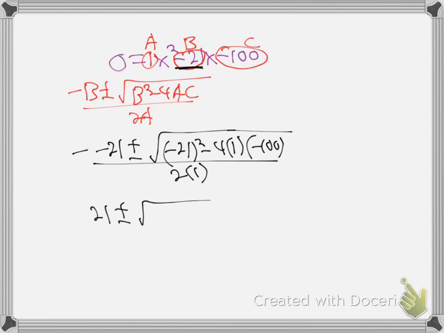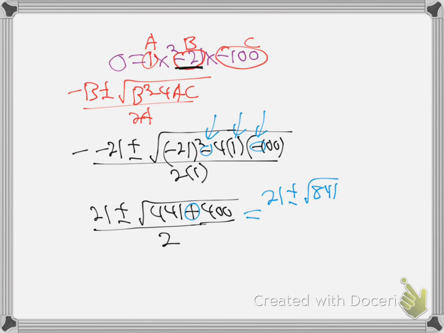This is 21 plus or minus square root of 21 squared. 21 squared is 441 minus or plus 400 all over 2. We good so far? You guys okay with the signs? I just did negative times positive times negative. So two negatives made positive there. Everybody see that? And so that's 21 plus or minus square root of 841 over 2.